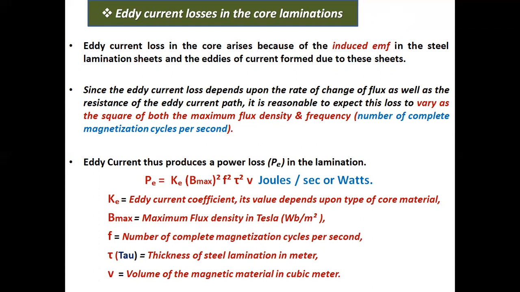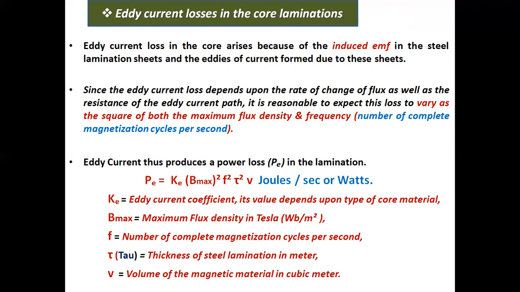Eddy current produces power loss, that is Pe, in the lamination. That is, Pe equals Ke Bmax^2 f^2 tau^2 V joules per second or watts. Ke is the eddy current coefficient, whose value depends upon the type of core material.